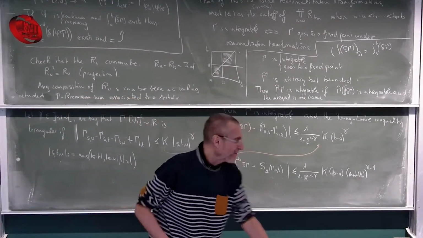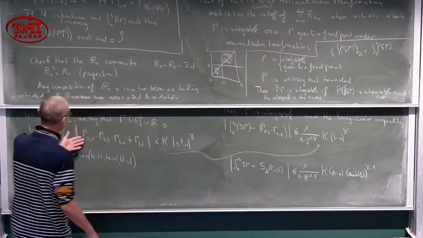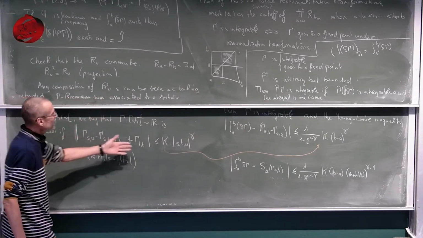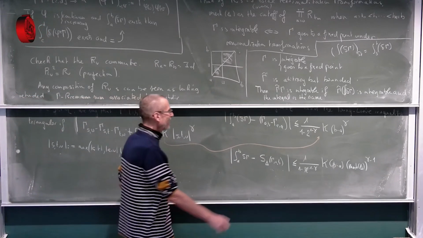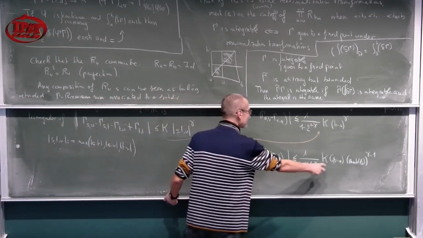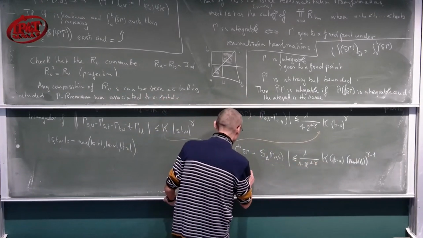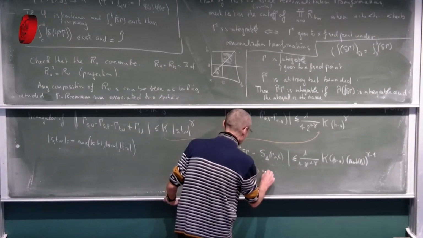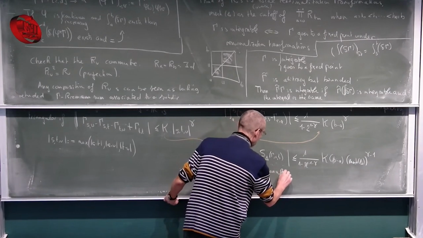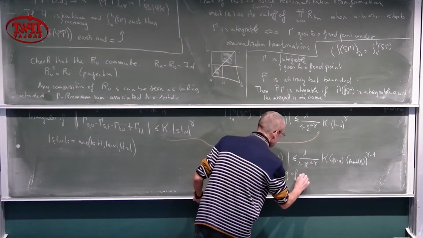Of course, it's trivial because it's built in somehow. You have imposed this condition, and this is telling you the speed of convergence of this towards that. And so gamma minus 1 is an analog of the critical exponent.